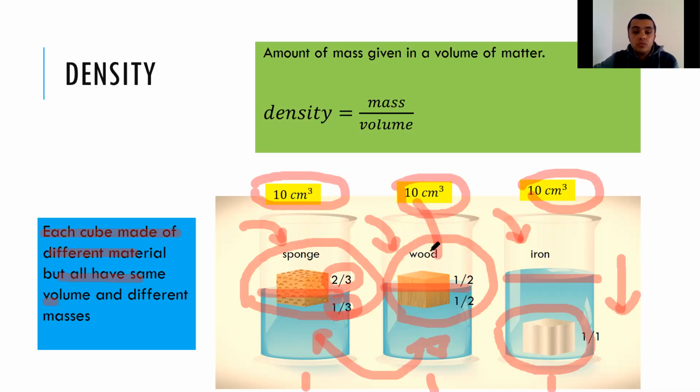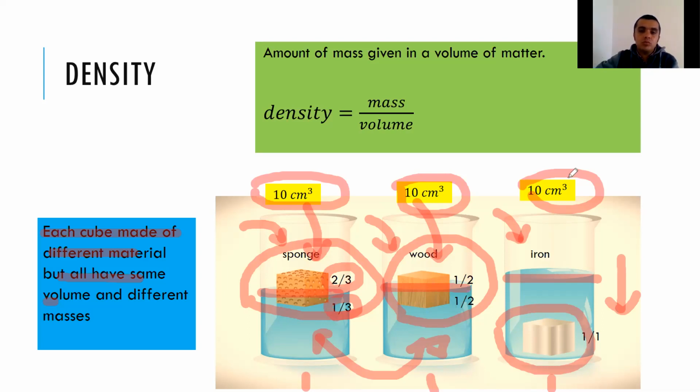How do I know 5 centimeter cube? Half of it. And for this one it is around 3 centimeter cube inside of the water. So which one has more inside of the water because of higher mass? The wood. So we can say that the more that substance sinks, it has more density. That's how we can compare.